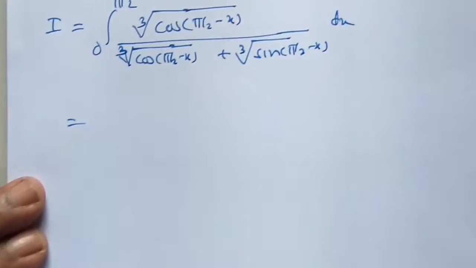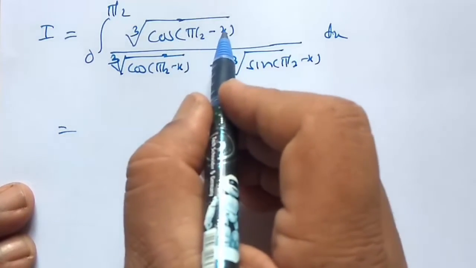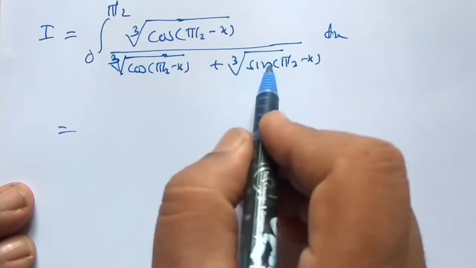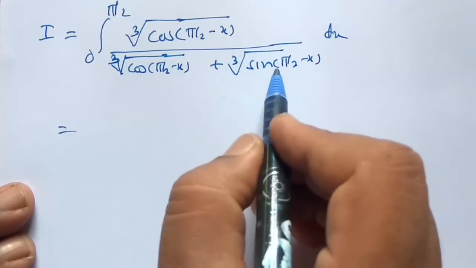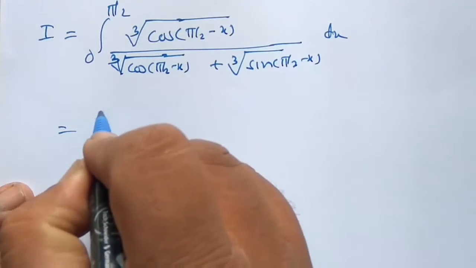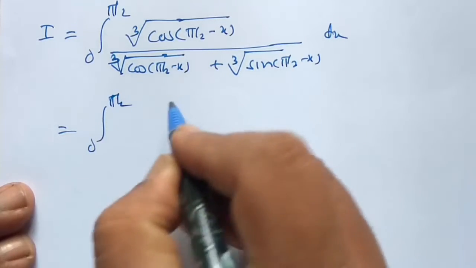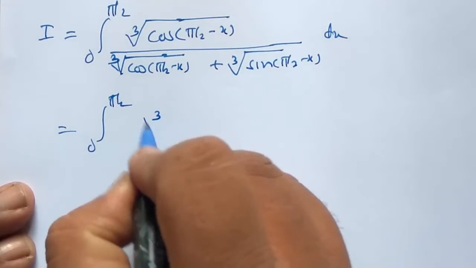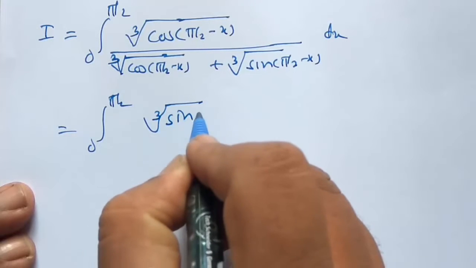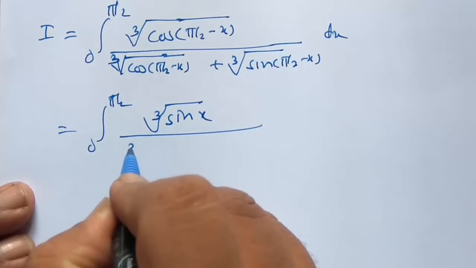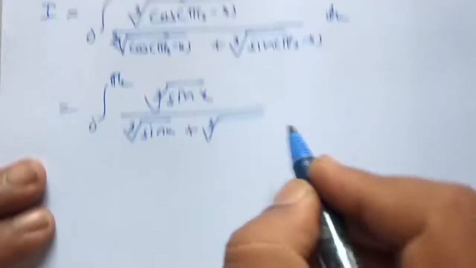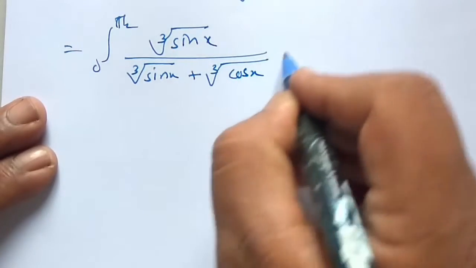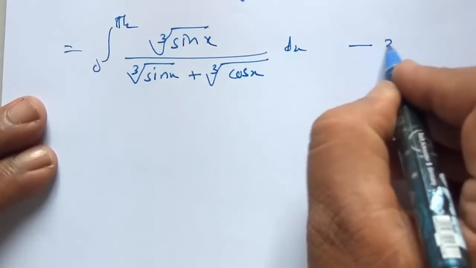Since cos of 90 minus theta is sin theta, and sin of 90 minus theta is cos theta, it becomes cube root of sin x upon cube root of sin x plus cube root of cos x dx. This is number 2.